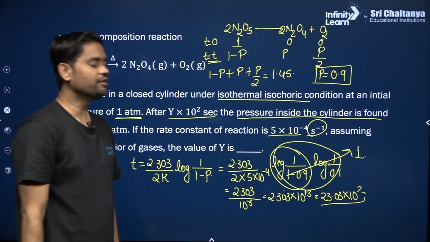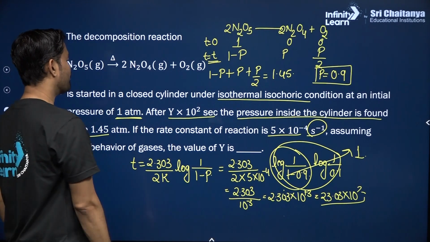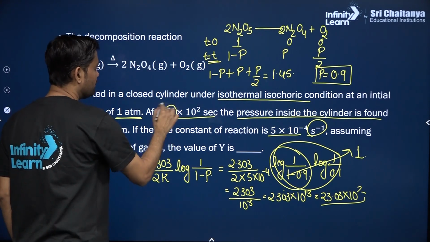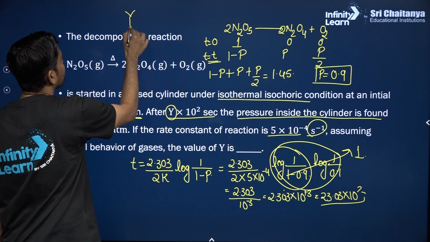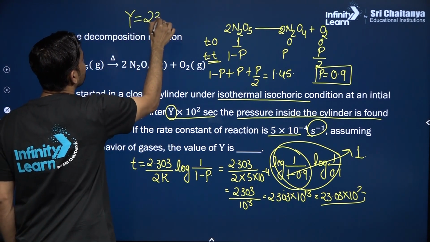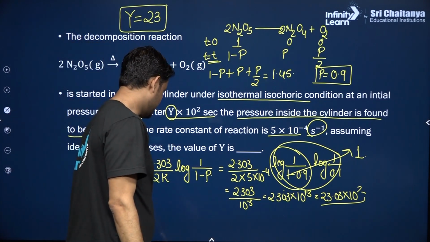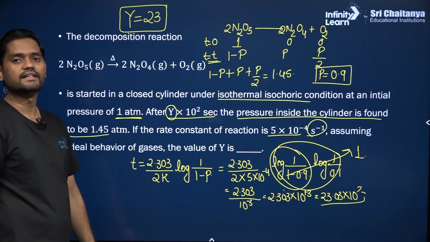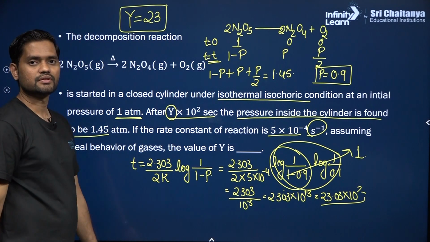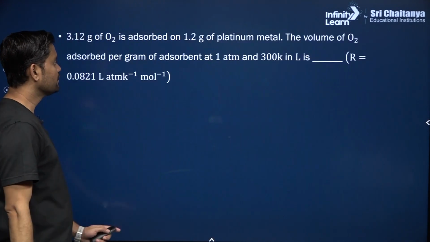Time is 23.03 into 10 raised to 2, and what they have asked is the value of y. So the value of y, the answer is 23. Clear? Next.